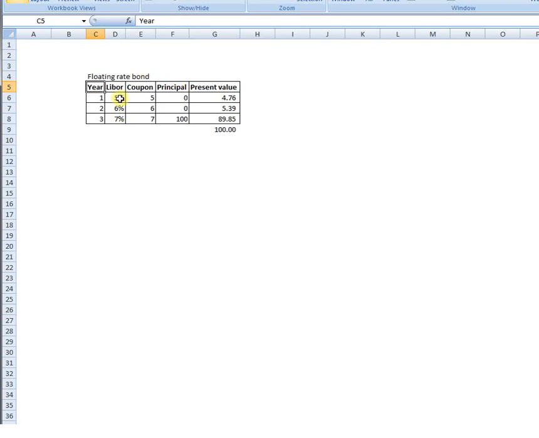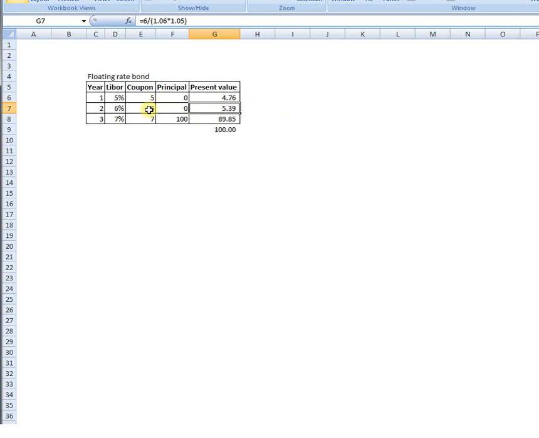Receiving LIBOR means that when the LIBOR is 5%, we receive $5 based on the $100 notional. When LIBOR is 6%, we receive $6. And at the end of the 3 years, we receive the coupon plus the notional, the principal back. So we discount everything back to present value. This amount using 5%, you'll get 4.76 in present value.